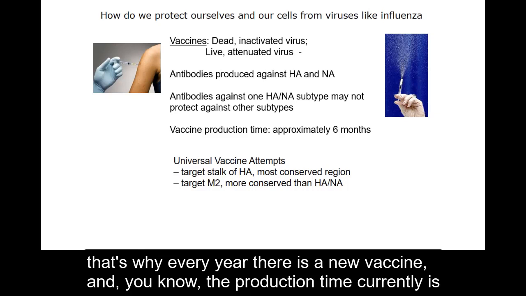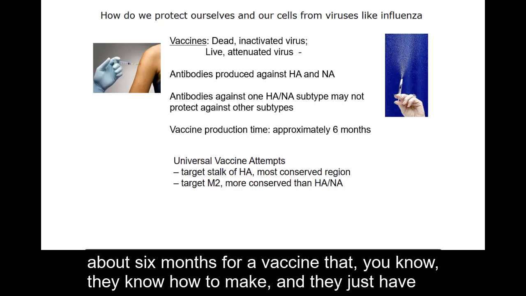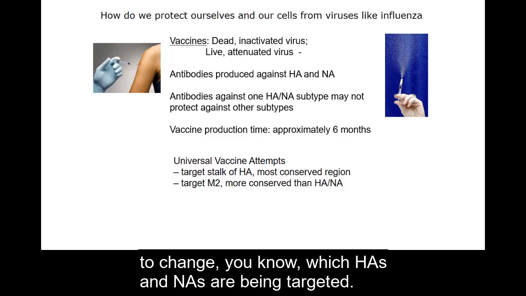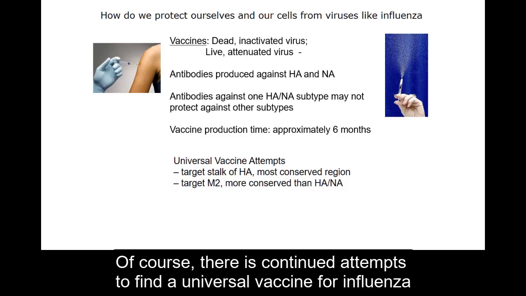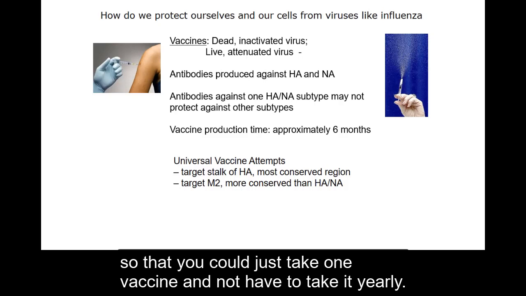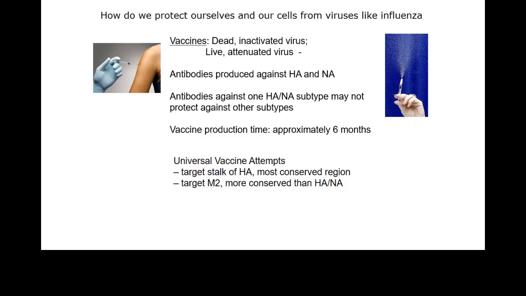And the production time currently is about 6 months for a vaccine that they know how to make, and they just have to change which HAs and NAs are being targeted. Of course, there's continued attempts to find a universal vaccine for influenza so that you could just take one vaccine and not have to take it yearly.